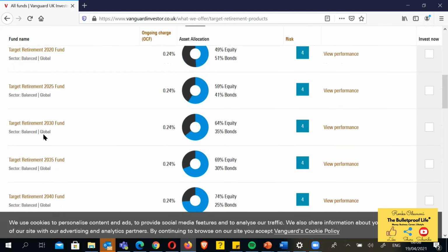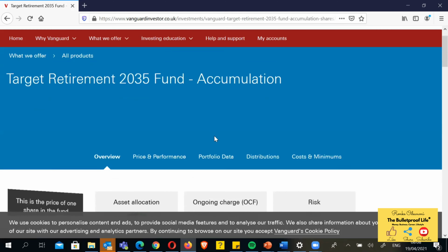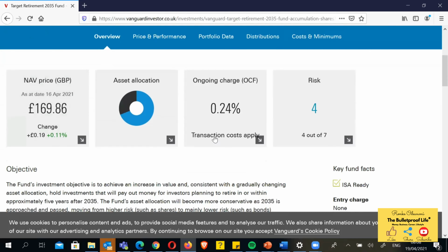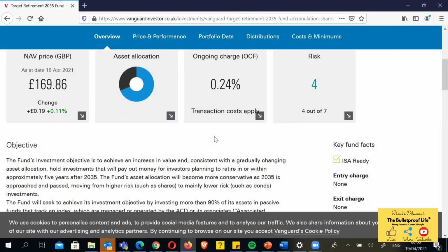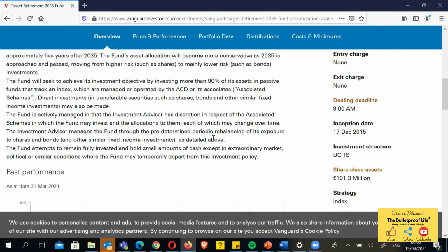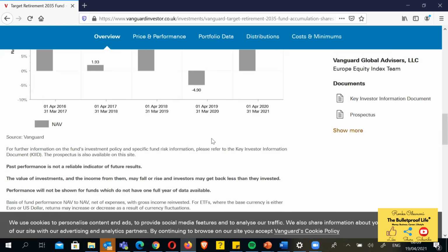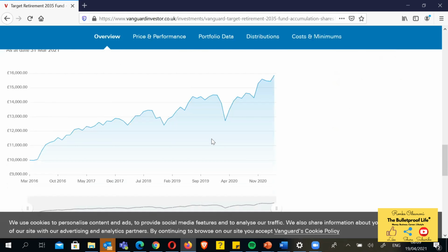Now let's look at, for example, the Target Retirement 2035 fund. It is an accumulation fund, and it talks about the fact that it has a risk level of 4. You can invest in it with your ISA. There are no exit charges. You can exit anytime. They've talked about the fact that the fund is an actively managed fund. It's doing well, except for last year when things went a bit funny.